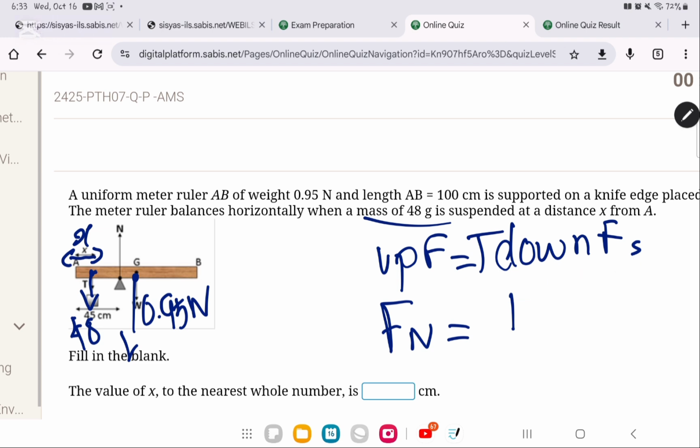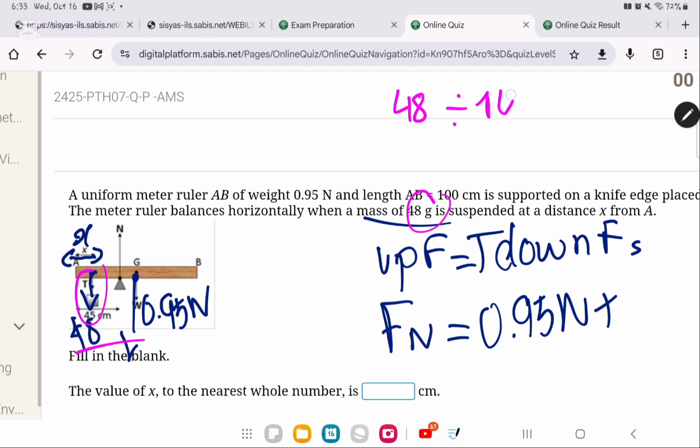So it's equal to 0.95 newtons, the weight of the ruler, plus the additional weight over here, because this is a downwards force. To find the weight given the mass, you first change 48 grams into kilograms, so you divide by 1,000. Then you multiply by 10. So you will get 0.48 newtons.